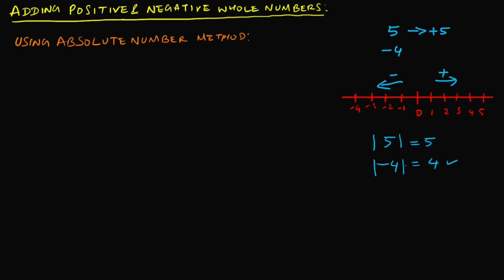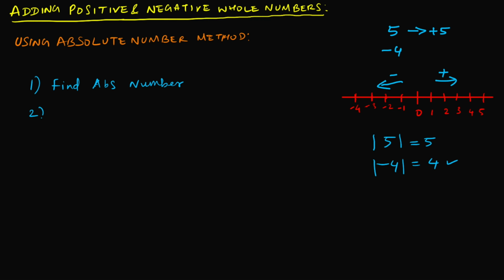Let's move on to the actual thing that we want to learn in this video, which is adding positive and negative whole numbers. When we are adding positive and negative whole numbers using this absolute number method, the first step is to find the absolute number.